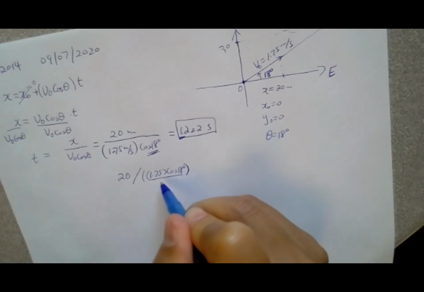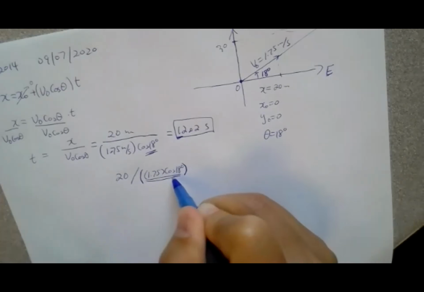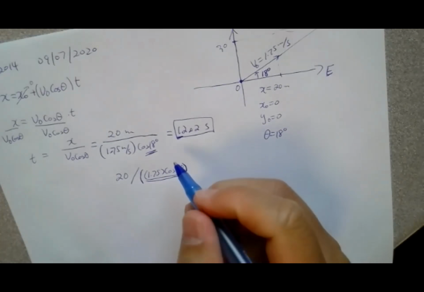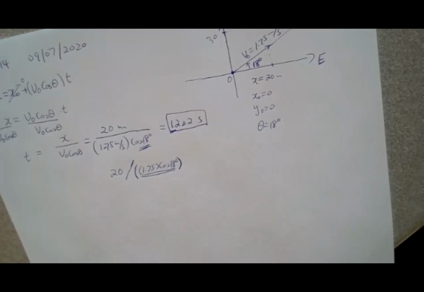You want to put everything in the denominator inside a pair of parentheses. That's a common mistake to make. If you didn't get the correct answer, check on those two things.